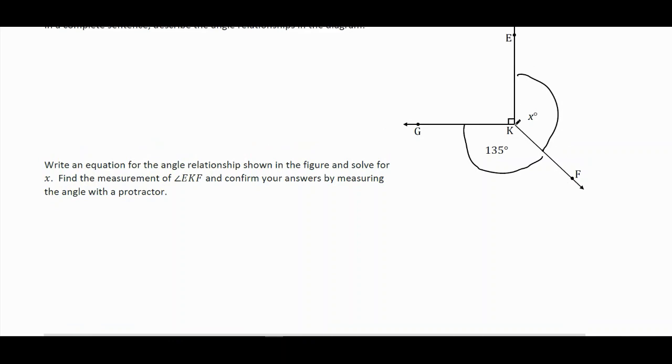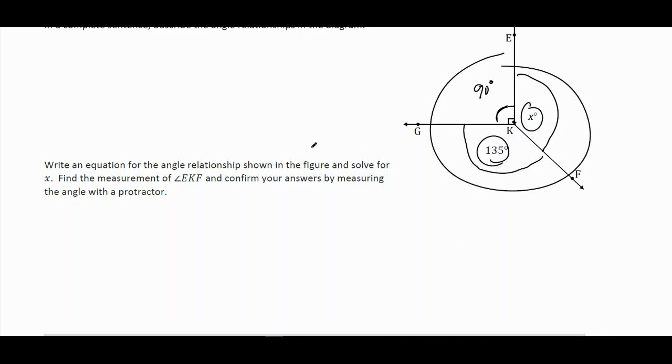We were given this angle here, which is 90 degrees, and this is 135 and this is unknown. Since it's going to create a circle and there is an angle at a point, it's going to create 360 degrees.